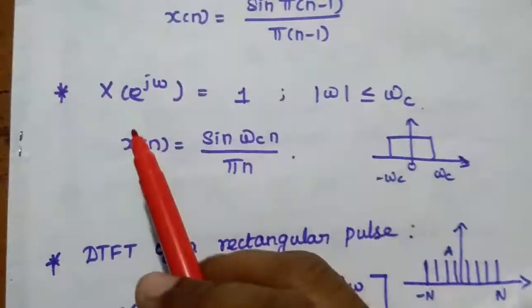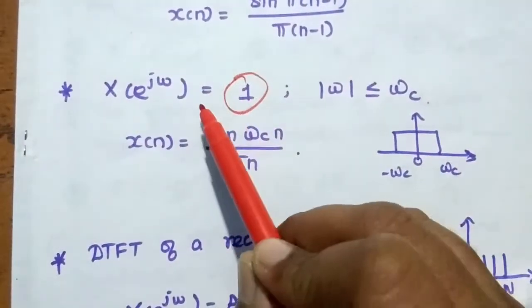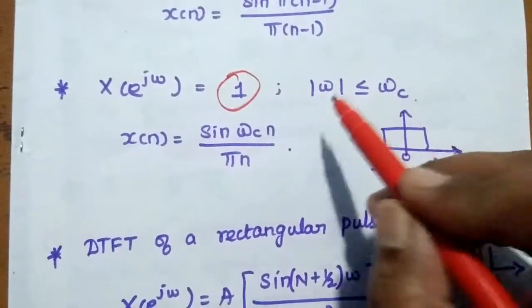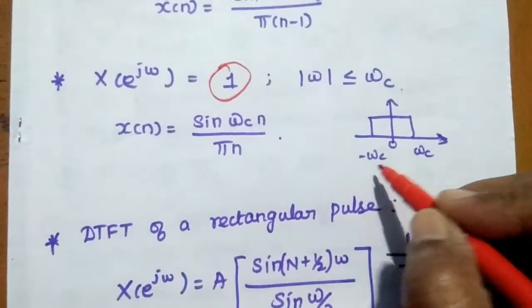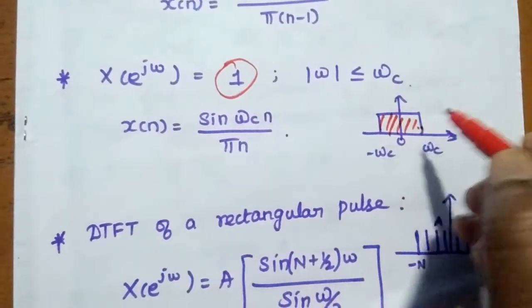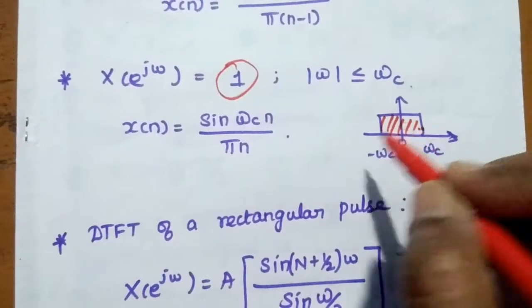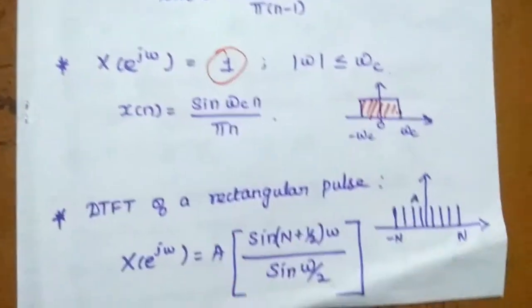Next, if the transformed value is 1 for the frequency less than or equal to omega c, that is from minus omega c to plus omega c, its value is 1. This is the transformed signal. Its sequence is sine omega c n divided by pi n.